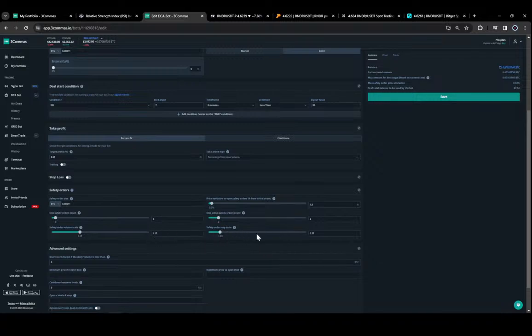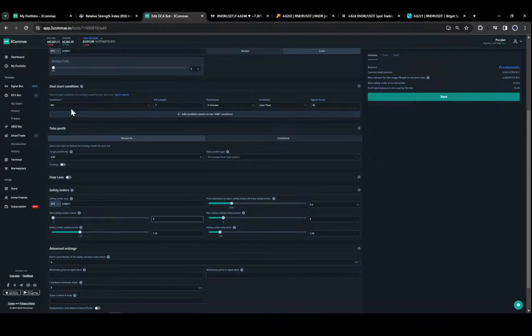For the step scale, I use 1.25, and for my volume scale, I use 1.15. What remains different is the deviation, and for the bot that I used to call wide, this value is set to 2.5. The number of safety orders can vary. For Bitcoin, when I was trading Bitcoin, I used to have just 3 safety orders.